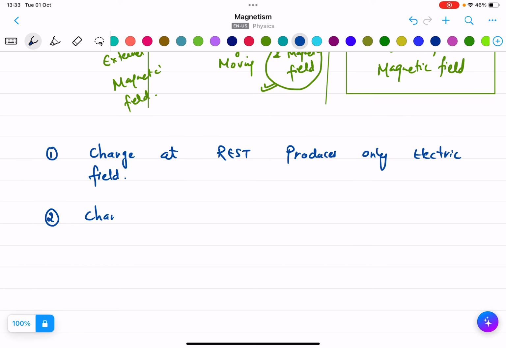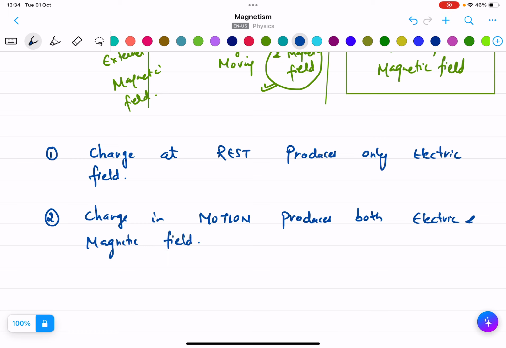So charge in motion produces both electric and magnetic field. Okay, so charge at rest only electric, charge in motion produces both electric and magnetic field.